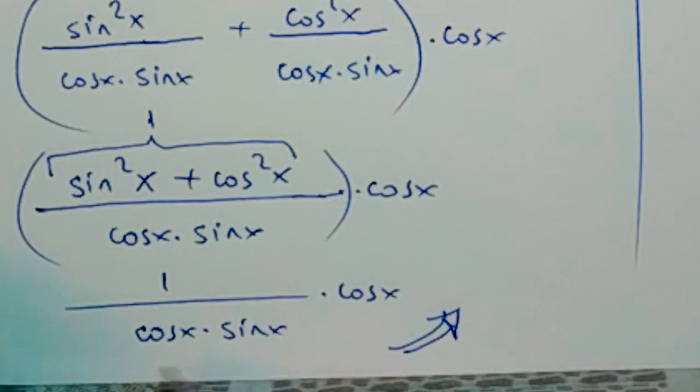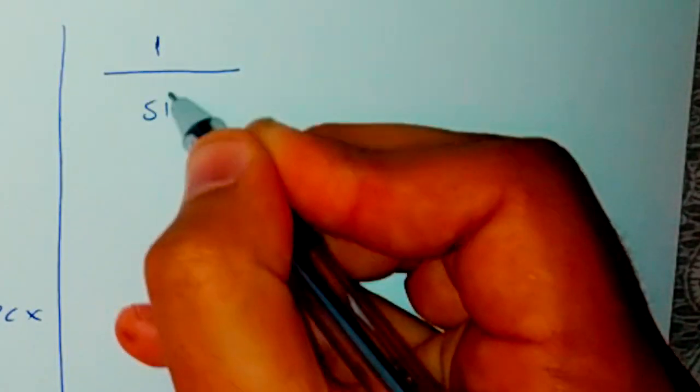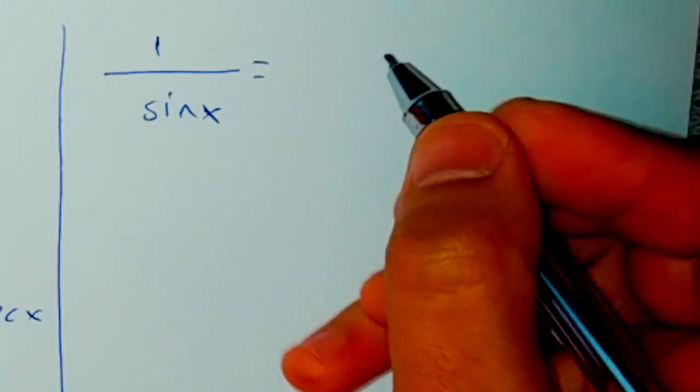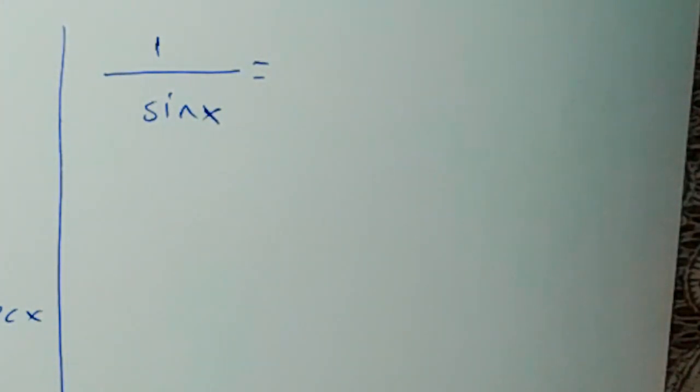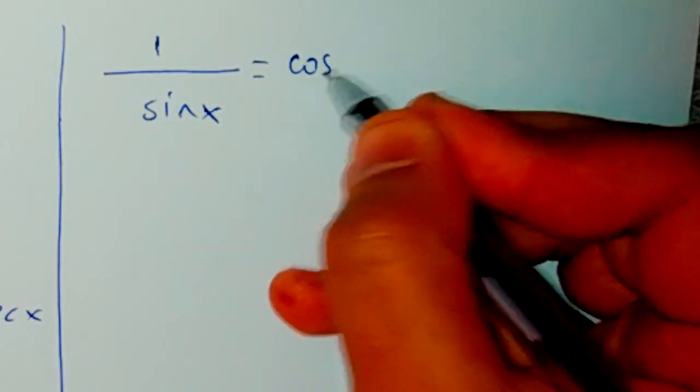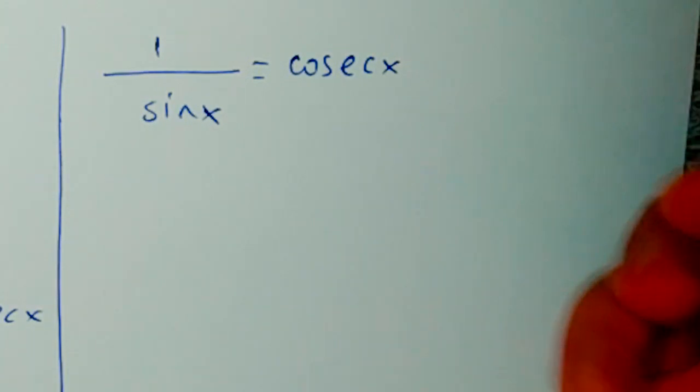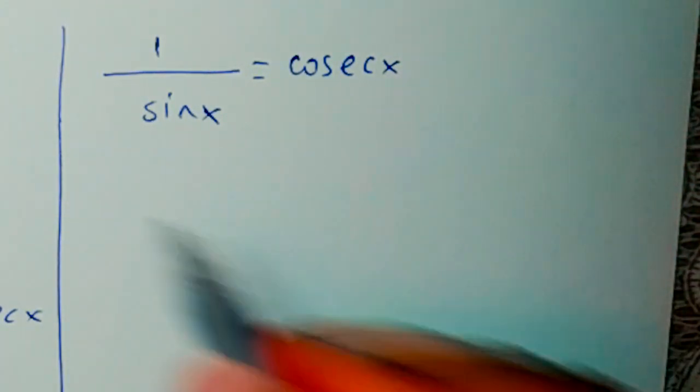Here I have one cancellation, cosine by cosine. In the end, I will get 1 over sine x, which is equal, from the last identity, to cosecant x. So we have verified this identity too.